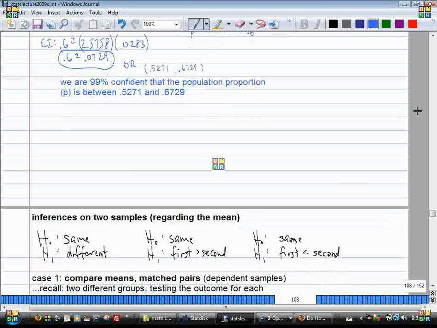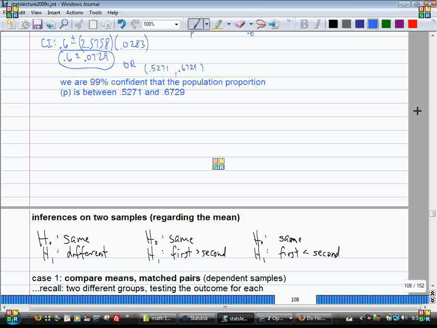Now, what does matched pairs mean? You'll remember that from back in the semester. What does matched pairs sound like it means? Right. You take pairs and you match them together.